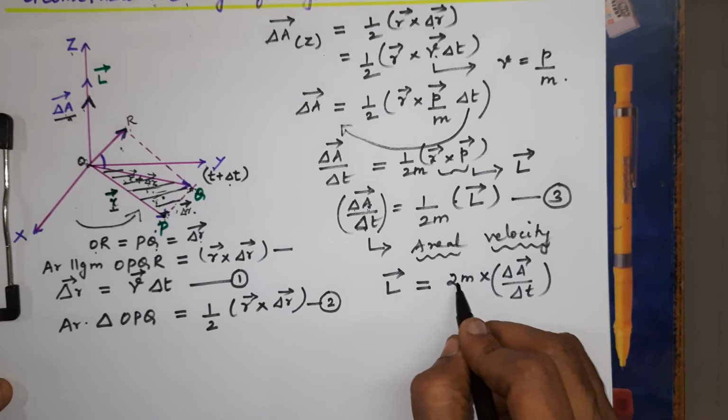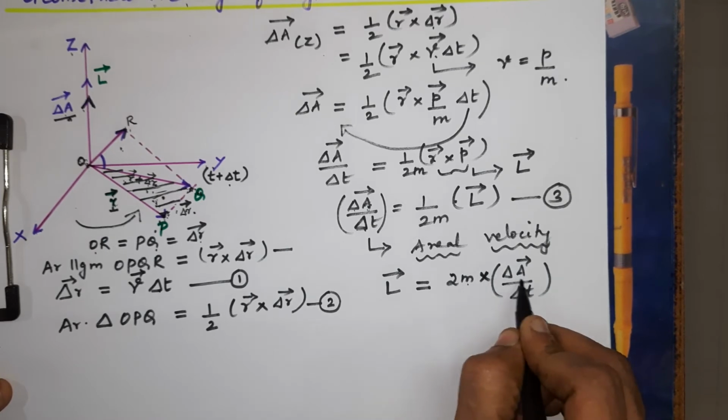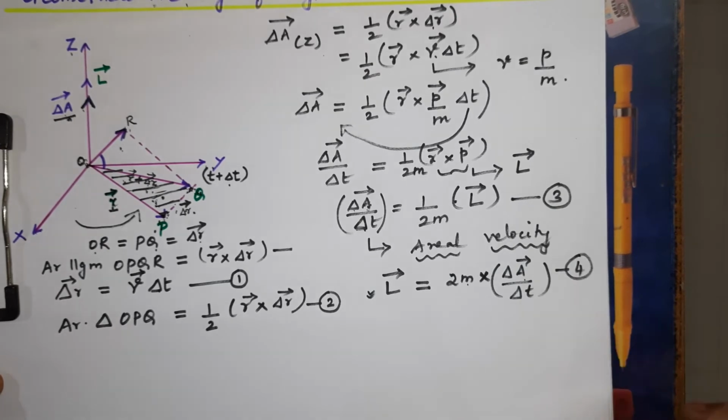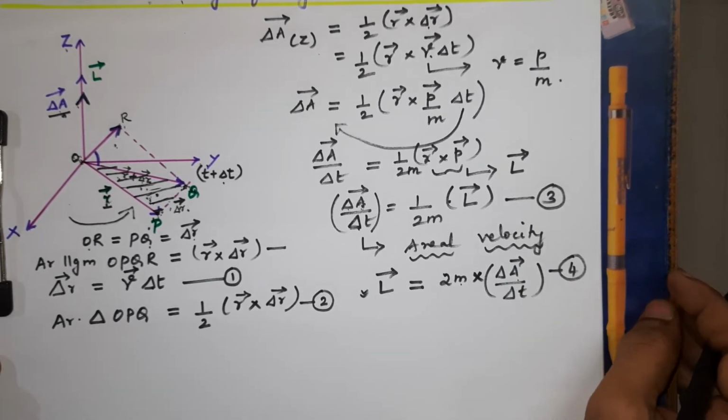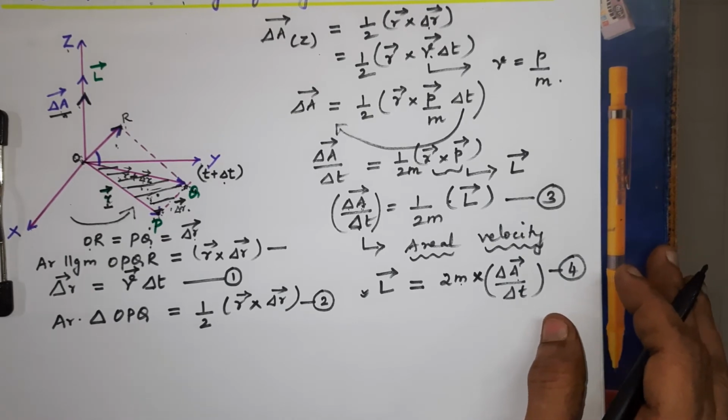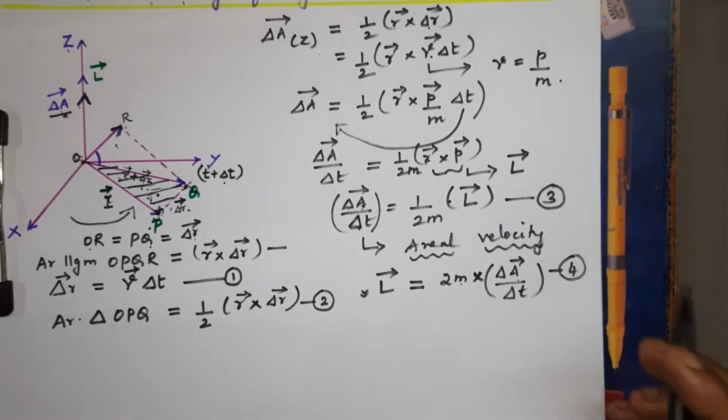That is 2 times the mass, and the areal velocity will also give you the meaning of angular momentum. This is the geometrical meaning of angular momentum we are talking about. It is the area swept out by the position vector per unit time, and that is called here the areal velocity.